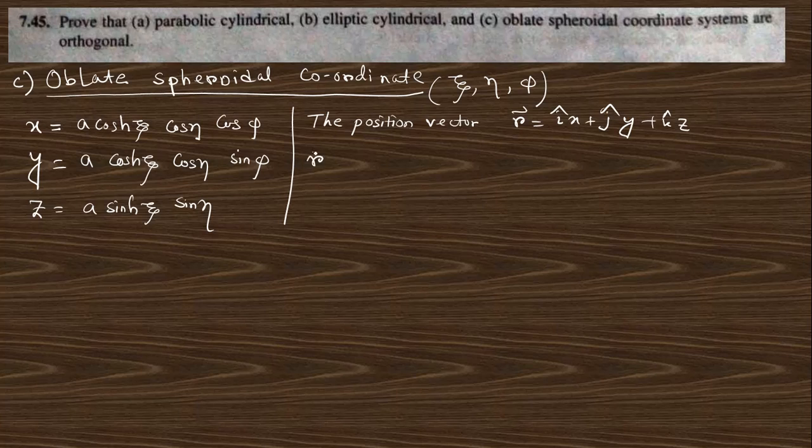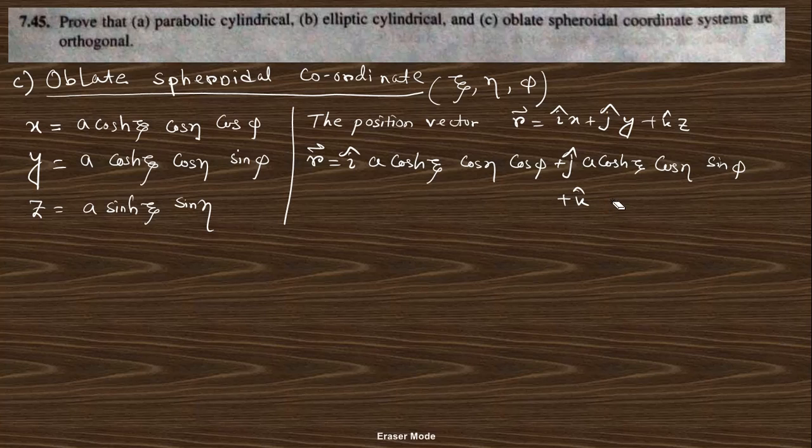So just put x y z. i cap x is a cosh xi cos eta cos phi plus j cap a cosh xi cos eta sin phi, and k cap a sinh xi sin eta.